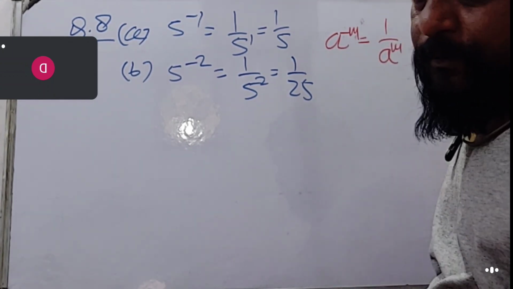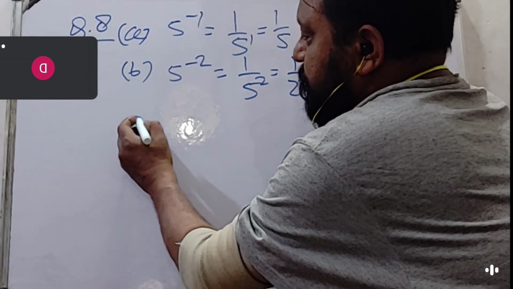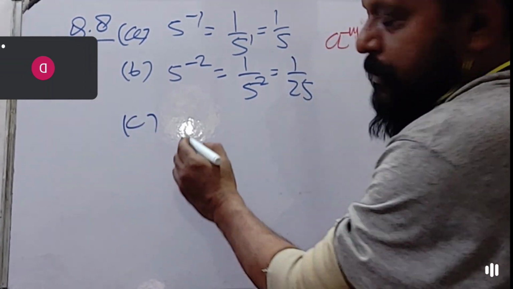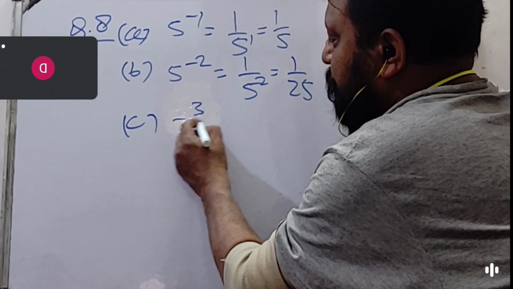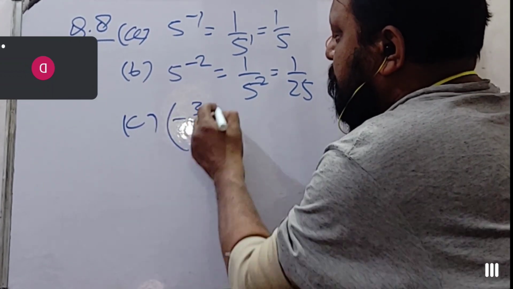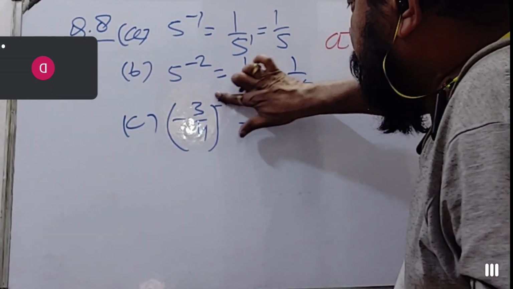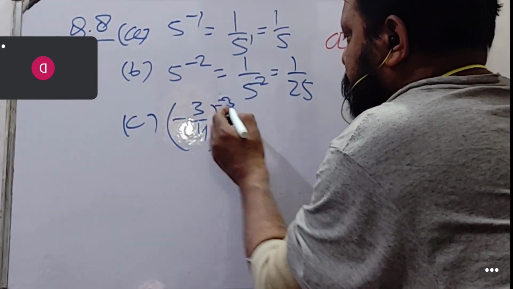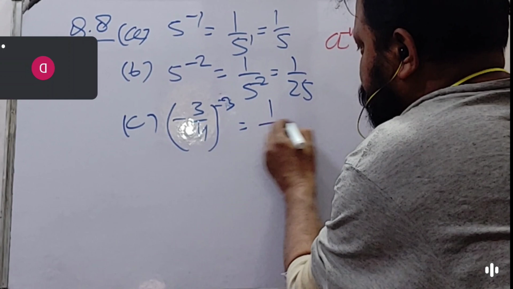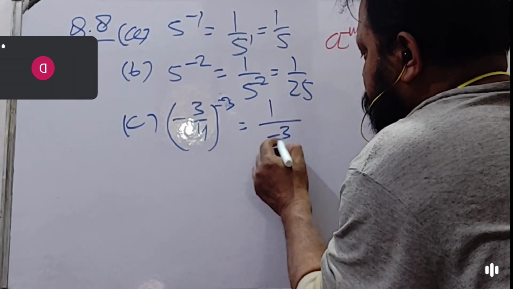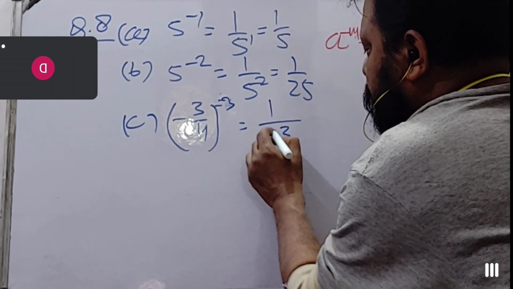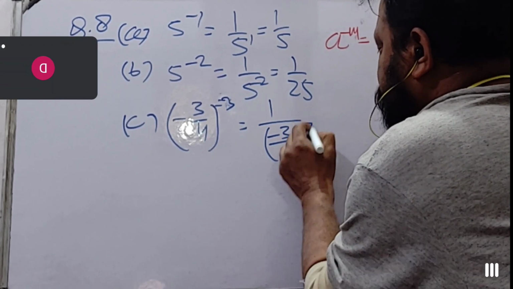Now we have C, that is minus 3 upon 4 raised to the power minus 3, right? It can be written as 1 upon minus 3 upon 4 raised to the power 3.